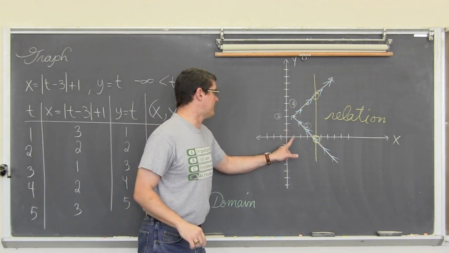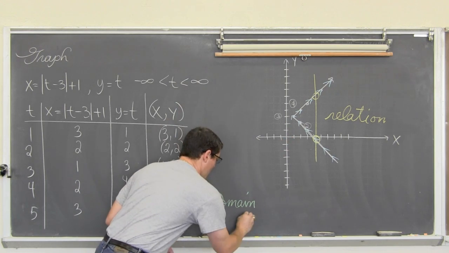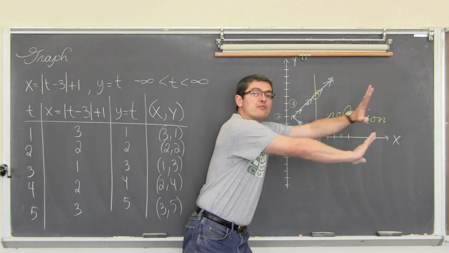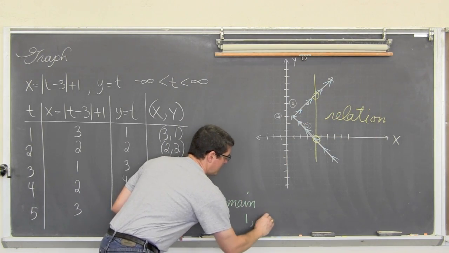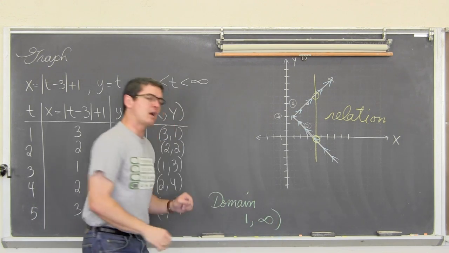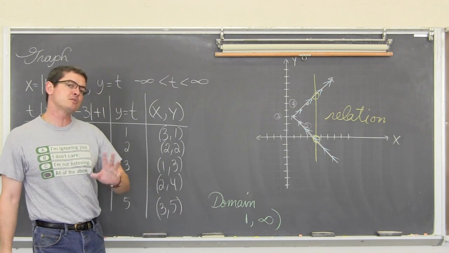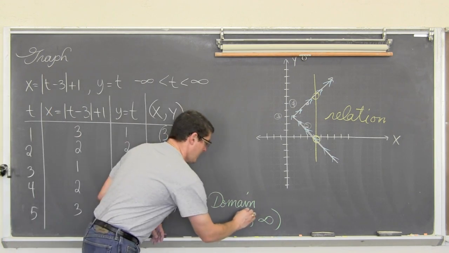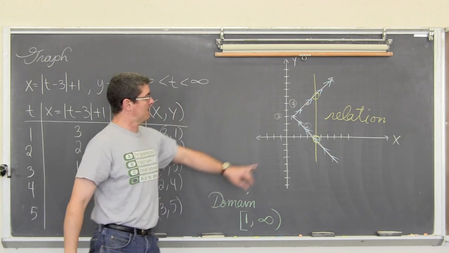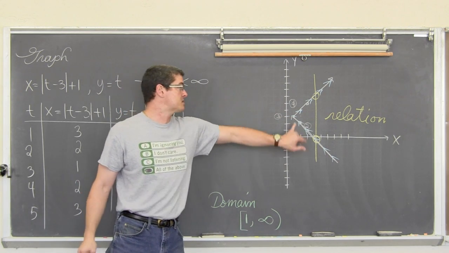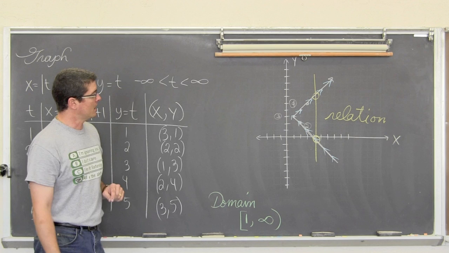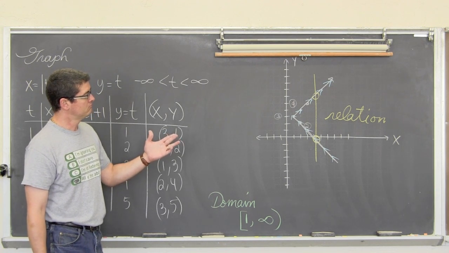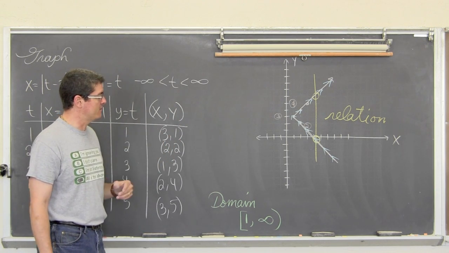It takes on everything from the x value of 1 and then goes to the right forever. So it goes from 1 to infinity. And we always use round parentheses to indicate there's no absolute value of infinity. And we're going to use a square bracket because the graph actually does use the value of 1.